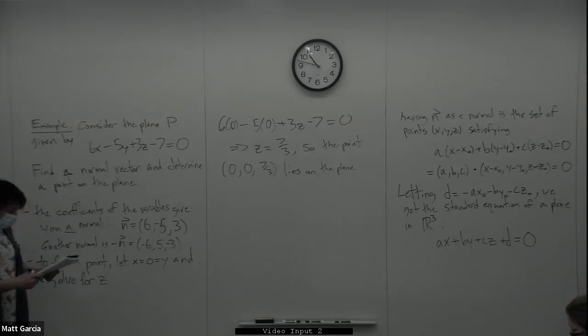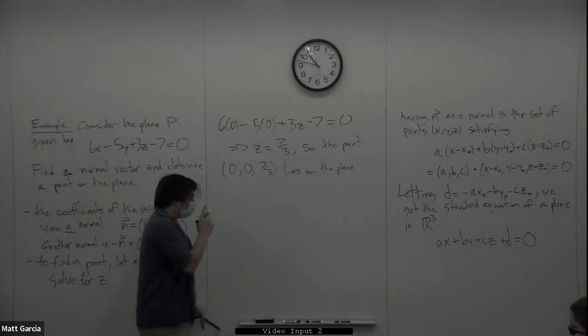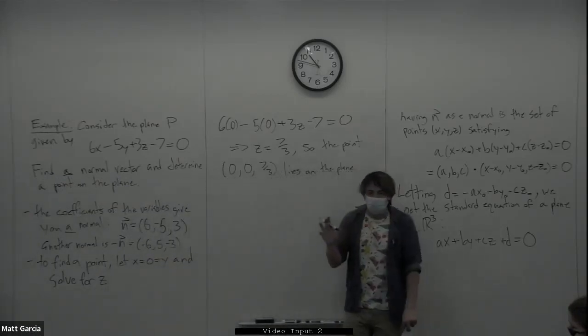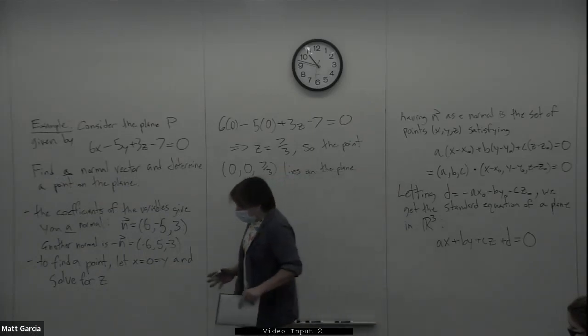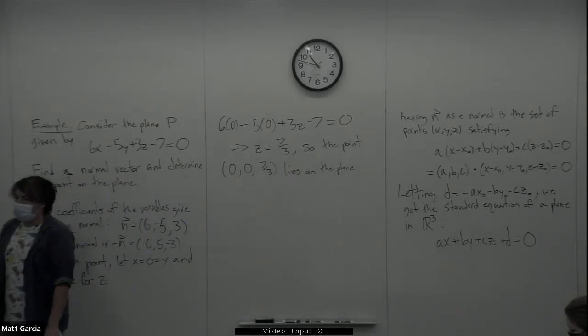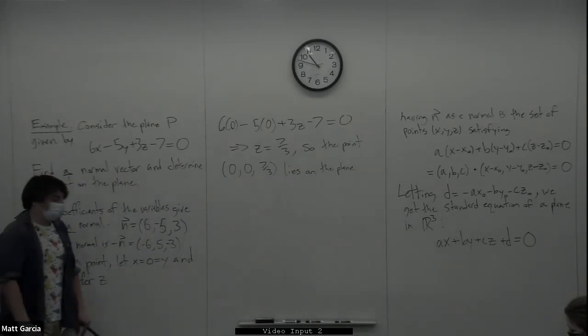Okay. So now, at this point, when we were in R2, we considered, instead of a normal vector, how we could specify a line by a parallel vector and a point the line goes through.